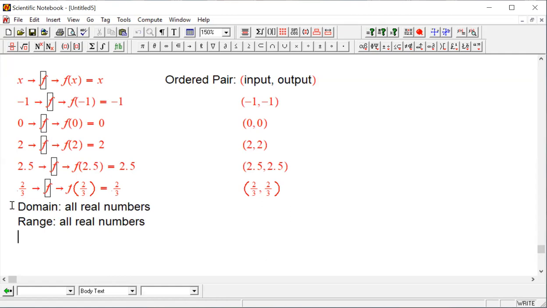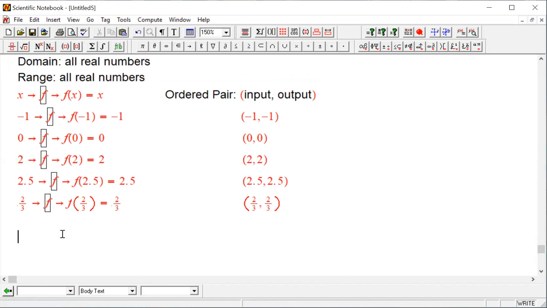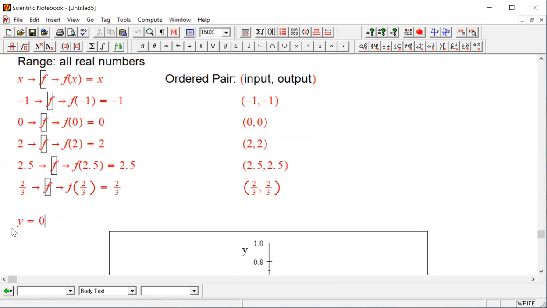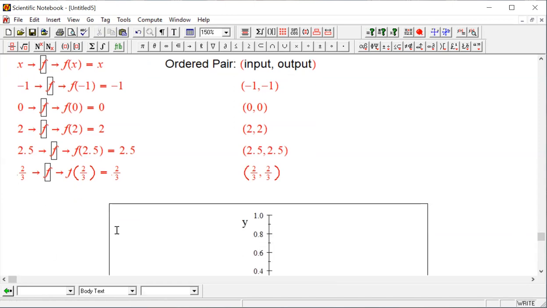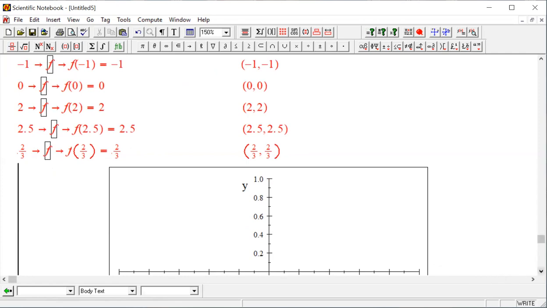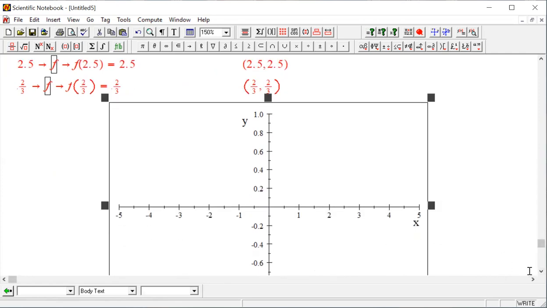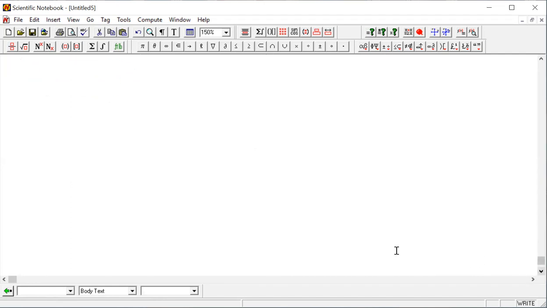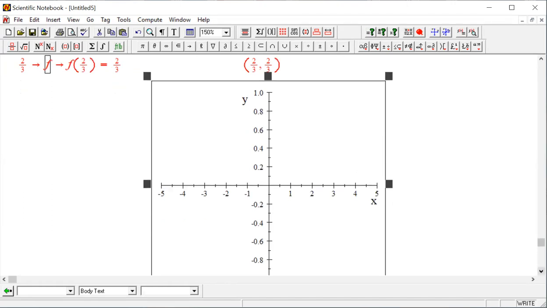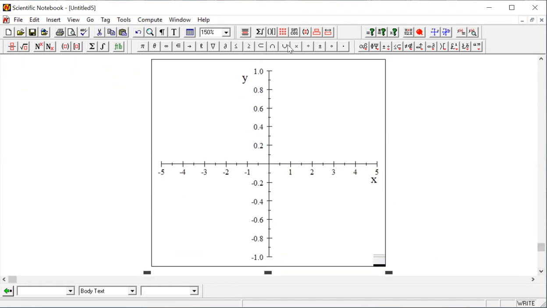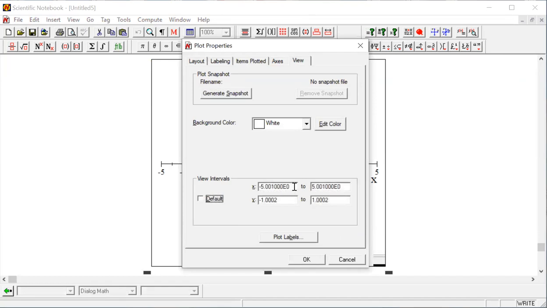So how about we put these ordered pairs in a graph, in a rectangular system? Okay, so I'm going to move the domain and range to the top. And we're going to plot the points. So you guys, please plot the points along with me. I'm going to set up the rectangular system with proper frame, legends, whatever.